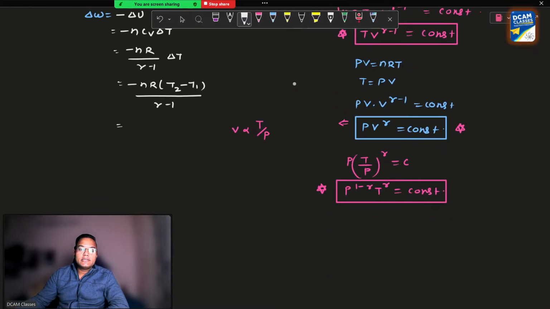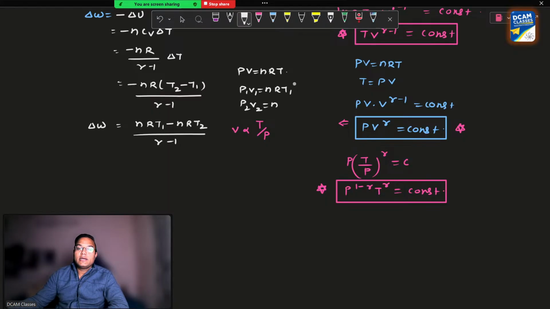So take nR inside, so it will become nR T1 minus nR T2. But because I know at every process PV is equal to nRT should be followed, so P1 V1 will be equal to nRT1 and P2 V2 is equal to nRT2.